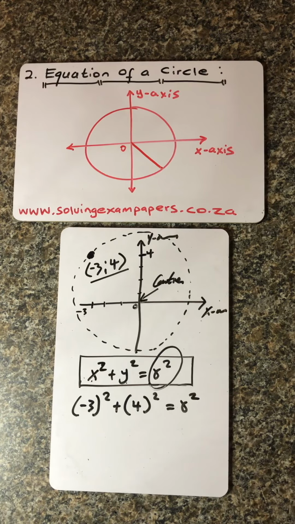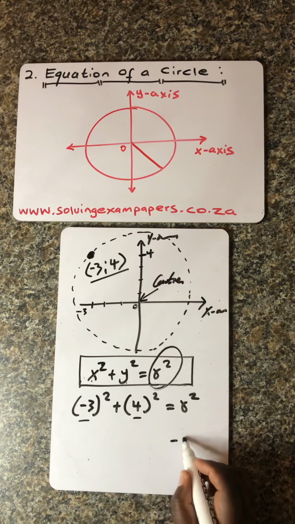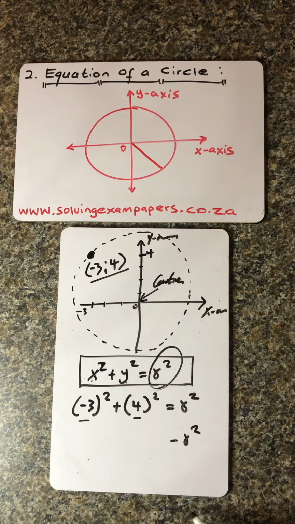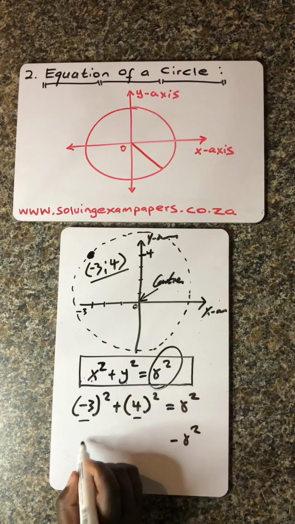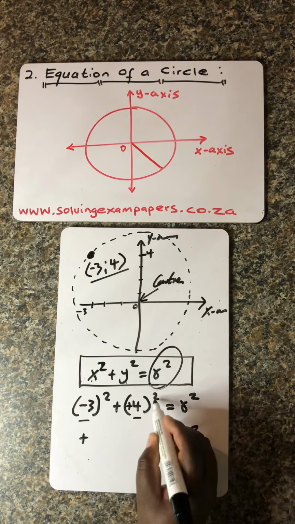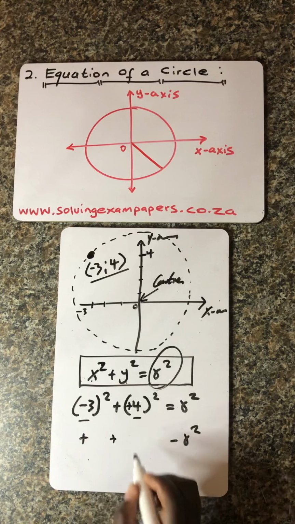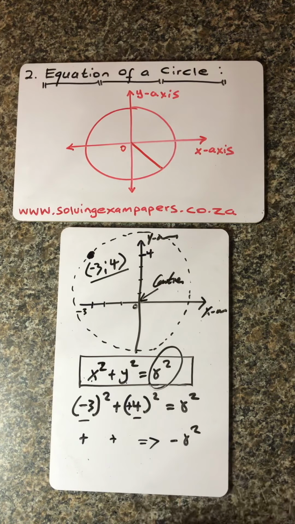Very, very much important. So guys, something to note. It seems like we will never have a negative r squared, because when you've got a negative value and you square it, it becomes a positive value. You've got a positive value over there, you square it, then you have a positive value. So at all times you're going to have your r squared as a positive value.